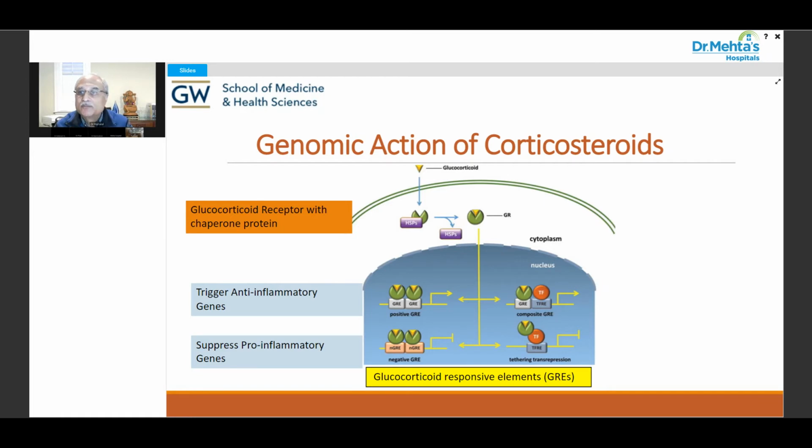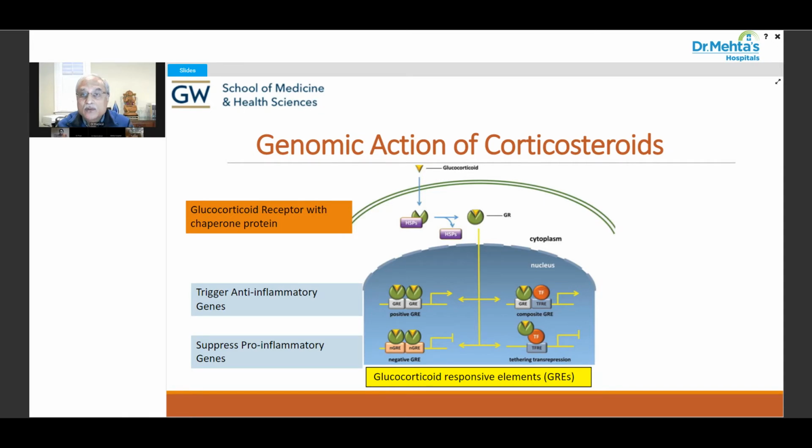There's a genomic mechanism of how corticosteroids work. As you know, they're lipid soluble. They transfer into the cytoplasm through the cell membrane very easily. Within the cytoplasm, they then bind to the glucocorticoid receptor, which is accompanied by a chaperone protein as it floats in the cytoplasm.